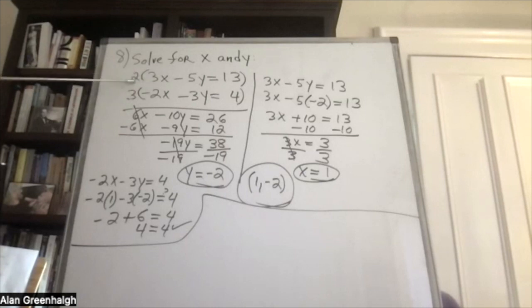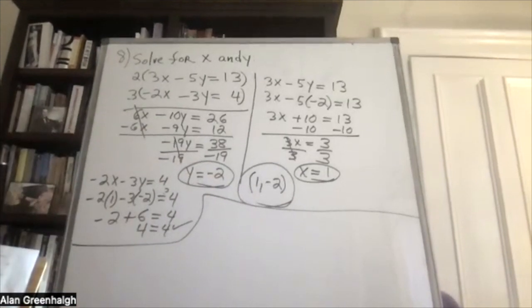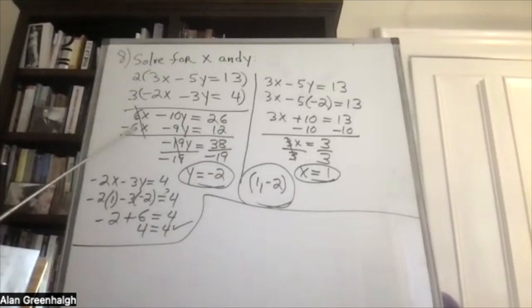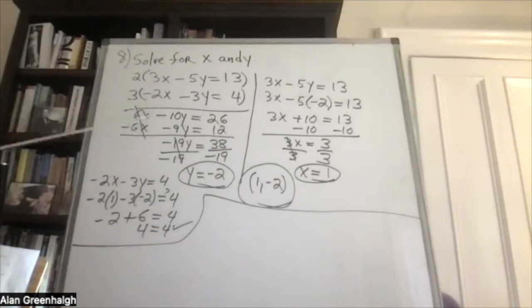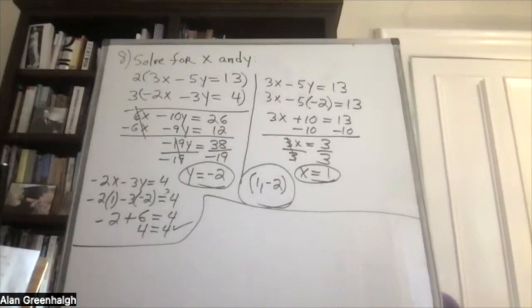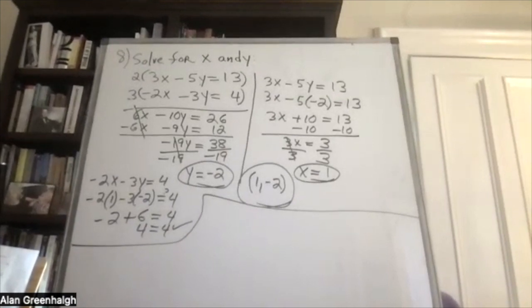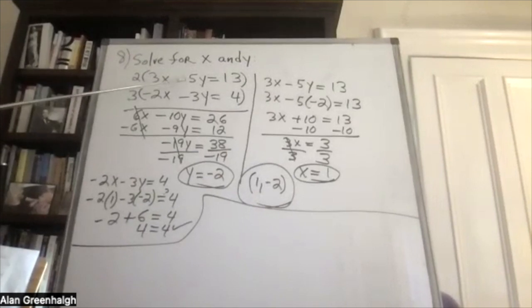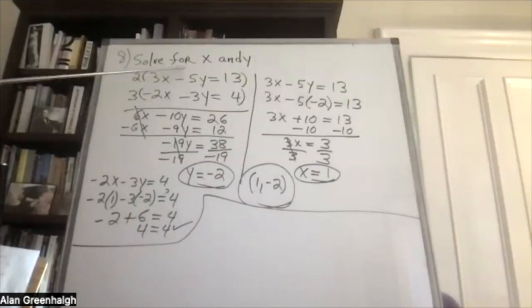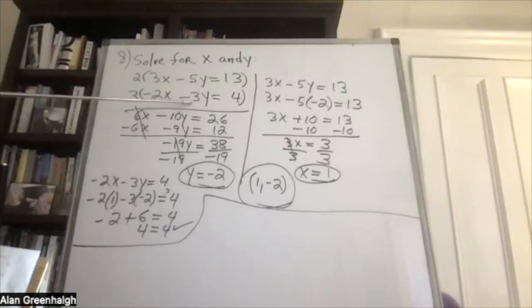I basically said, what's the least common multiple between 3 and 2? And it was 6. So to get from the 3 to the 6, I multiplied by the 2. To get from the 2 to the 6, I multiplied by 3. Now, somebody else did the same problem by multiplying this equation by 3 and this equation by 5.